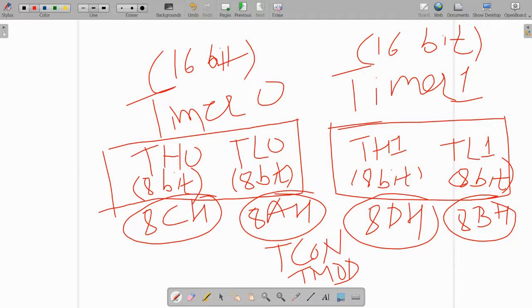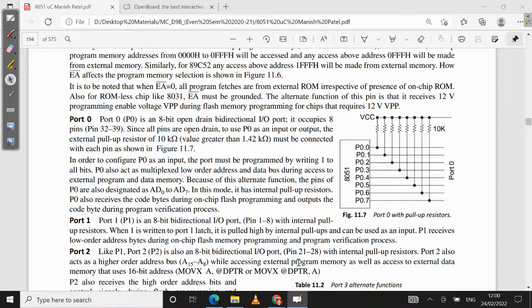Can anyone of you tell me what is the size of TMOD and what is the size of TCON? Yes, both are of 8 bits. आपको मेमोरी में दिखाई देगा, वो 8 बिट का है. Okay, so both TCON register and TMOD register are of 8 bit. Okay, something more on this we will see in this ebook.